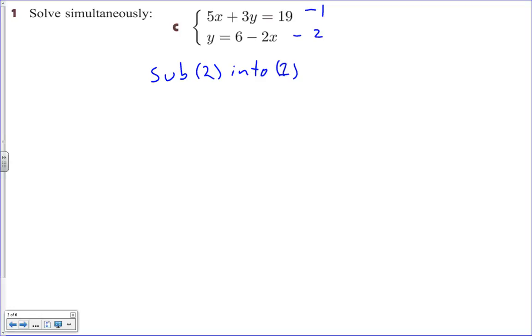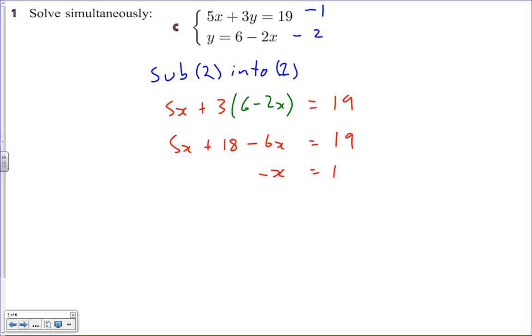So we're going to have 5x plus 3, bracket 6, take 2x, equals 19. So 5x plus 3 sixths are 18, take 6x equals 19. So we're going to have negative x equals 1, so x equals negative 1.